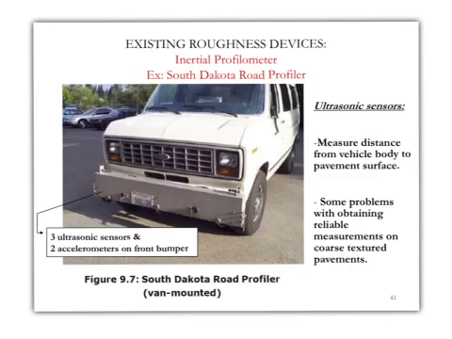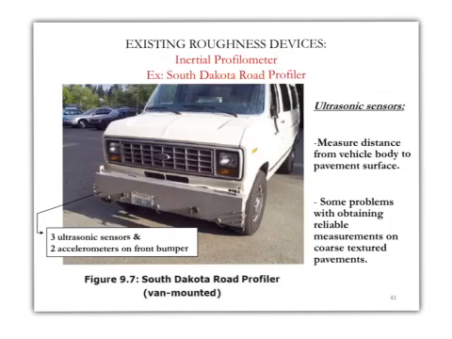Another example of an inertial profilometer is used by South Dakota DOT. It's named the South Dakota Road Profiler. At the front of the vehicle you can see there are 3 ultrasonic sensors as well as 2 accelerometers on the front bumper.